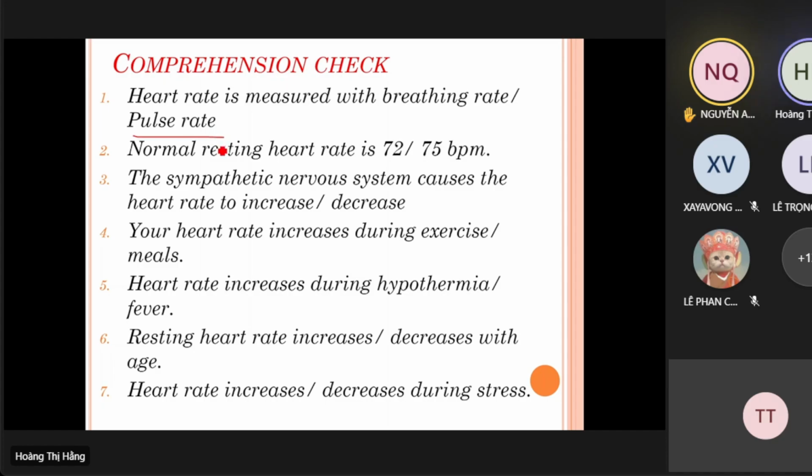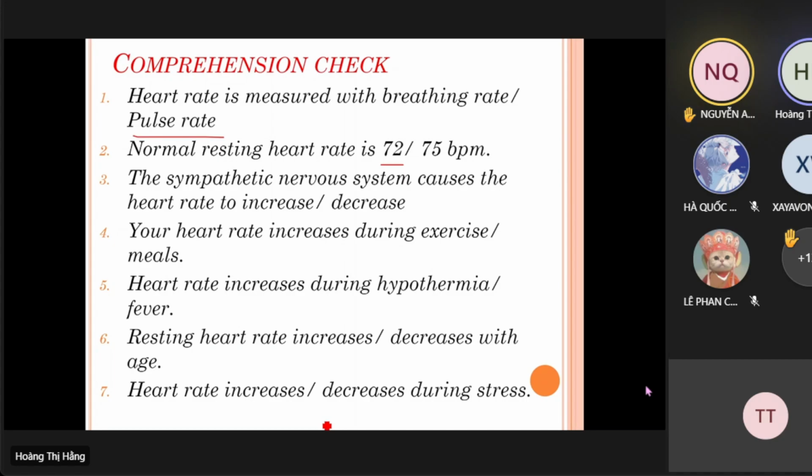Number 2, normal resting heart rate is 72 BPM. BPM là viết tắt của cái cụm gì? Beats per minute. Đúng rồi, beats per minute. Mạch đập trong 1 phút. Cái thứ ba là increase.